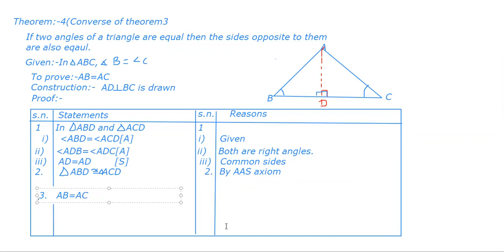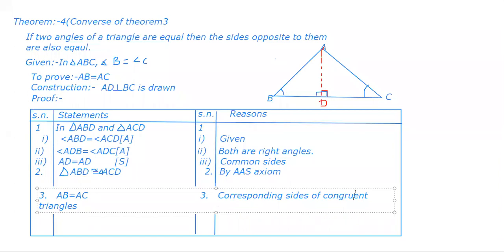AB is equal to AC, because corresponding sides of congruent triangles are equal. That is what you have to prove.